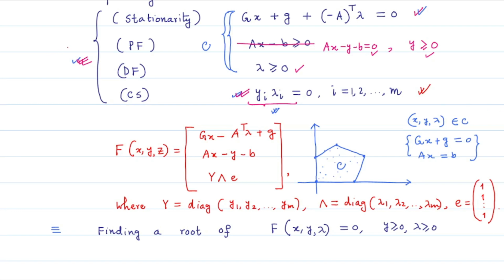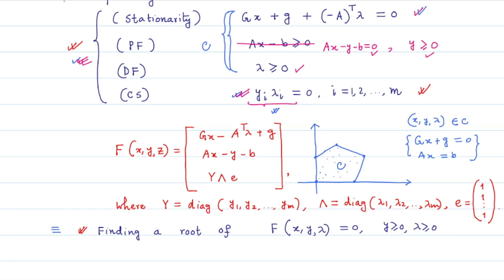So this entire KKT system is equivalent to finding a root of this equation F equal to 0, together with the conditions that y greater than or equal to 0 and lambda greater than or equal to 0.